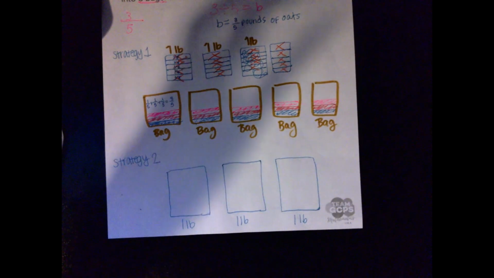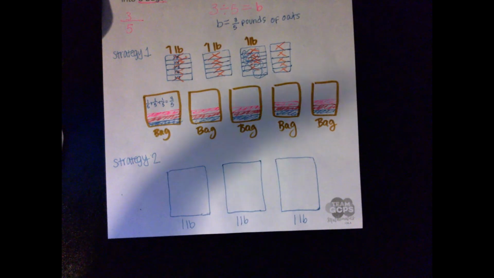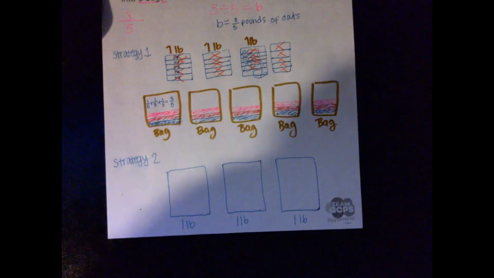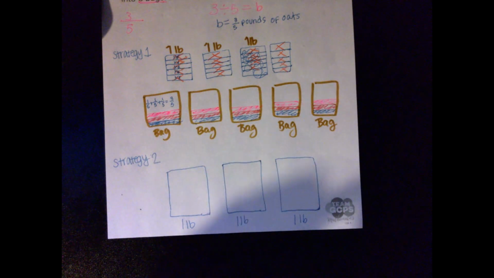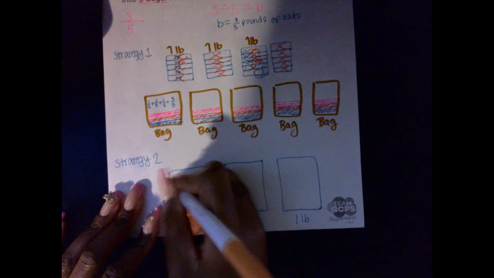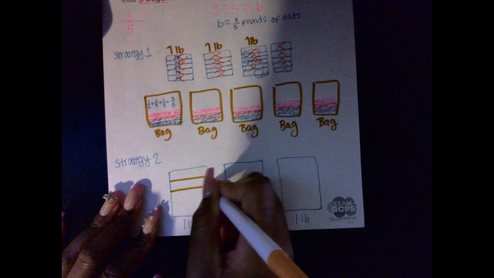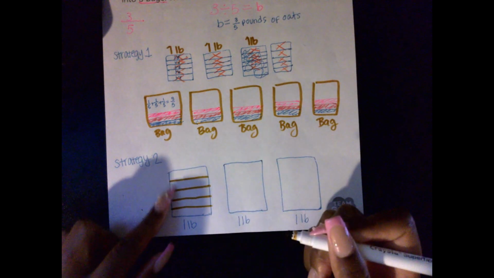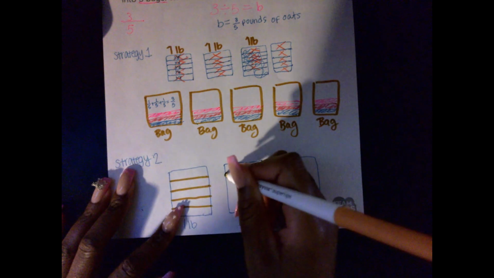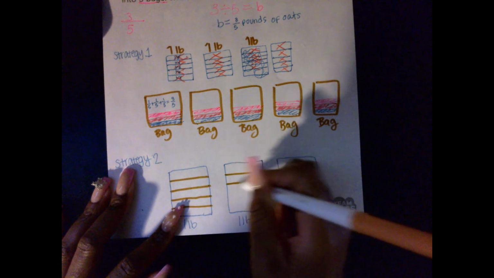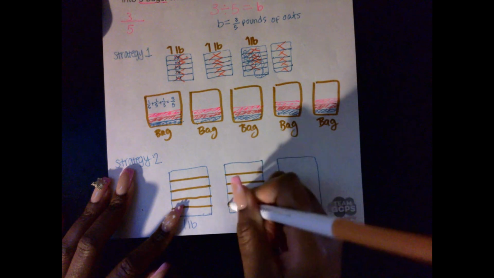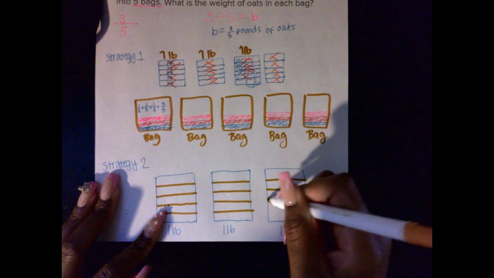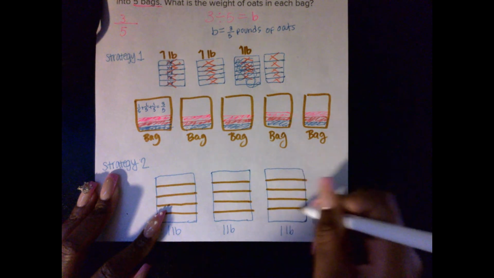And I'm going to partition or cut up my pounds into 5 parts because there are 5 bags. 1, 2, 3, 4. Let me make sure. 1, 2, 3, 4, 5. Okay, cut up into fifths. And each part is representing a bag.